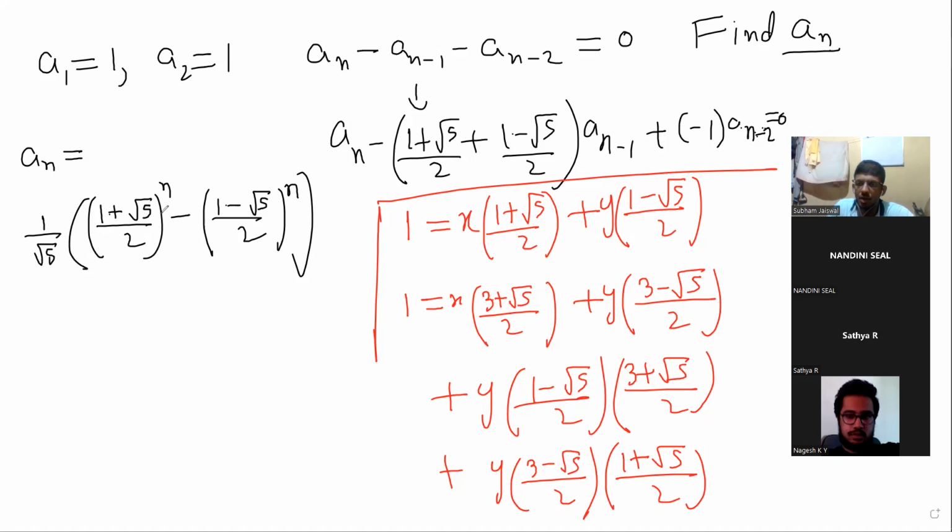Only the term with the square root will remain, right? So you will have a square plus b square plus 2ab. And then you get 2 times this.